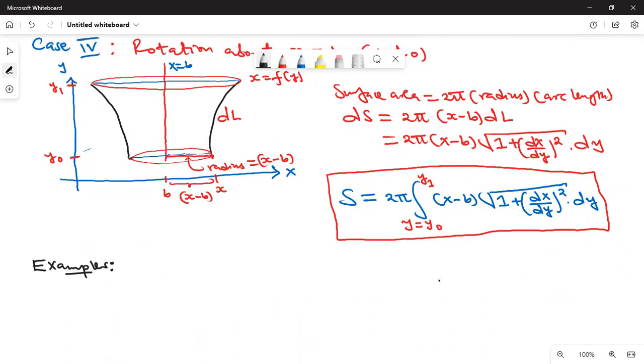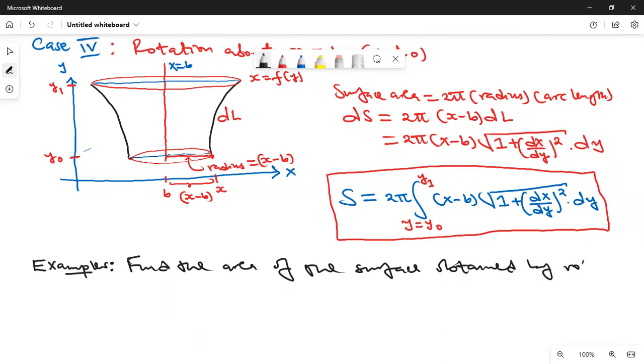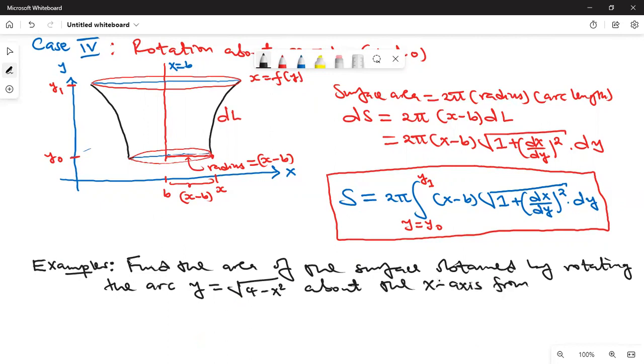Find the area of the surface obtained by rotating the arc y is equal to the square root of 4 minus x squared about the x-axis, from x equals -1 to x equals 1.